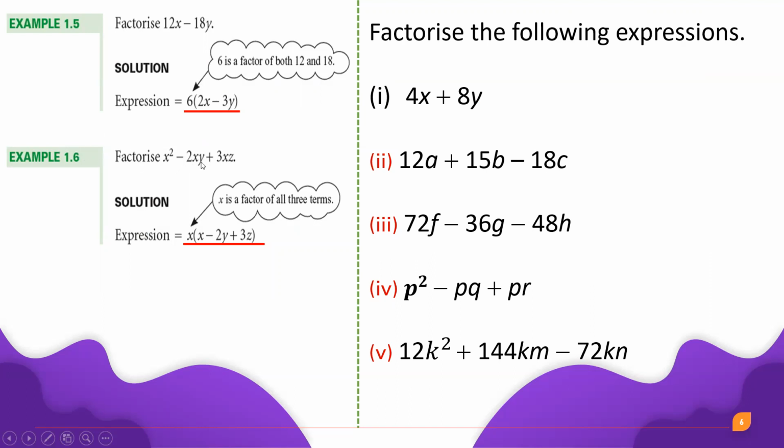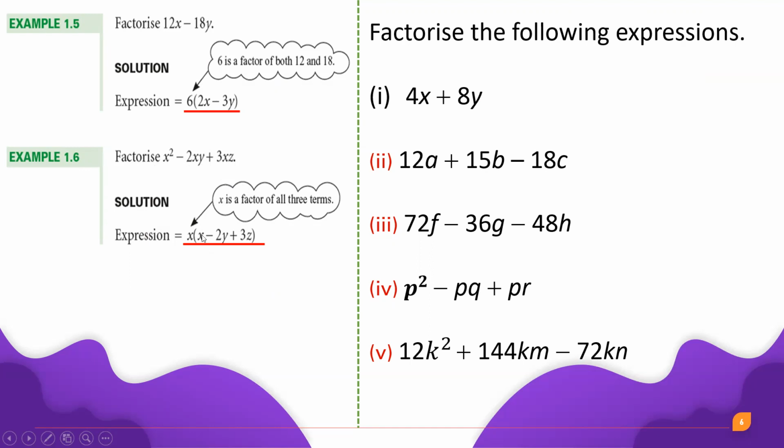Now, another example. Factorize x squared minus 2xy plus 3xz. When you look at these three terms, the first one, the second one, and the third one, you are able to see that all of them have a common factor, and that is x. It is x which is common to all the terms.